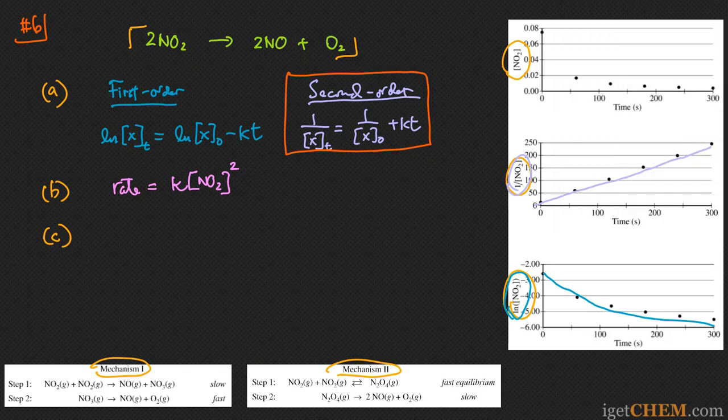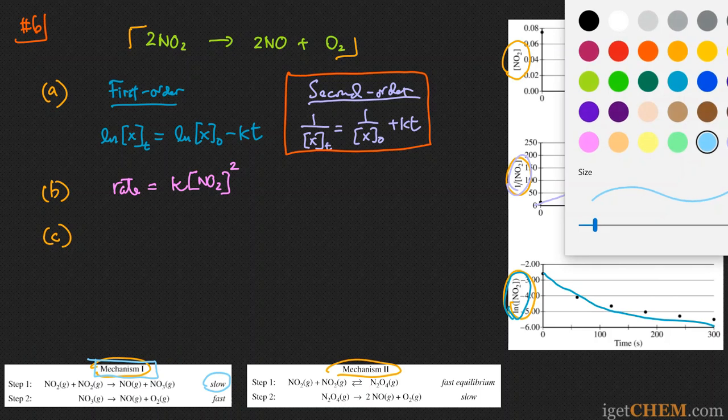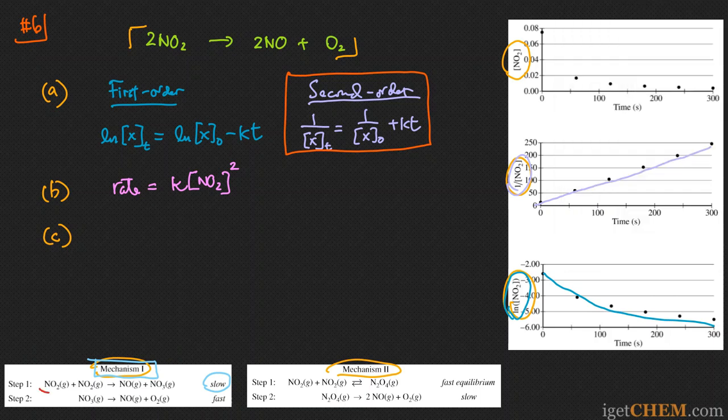So let's take a look at the first one. You see in the first one, the slow step is the rate determining step. So the rate of the overall reaction is controlled by the slow step. And in the slow step, the reaction is bimolecular, because it requires the collision of two NO2 molecules in order to give you product.